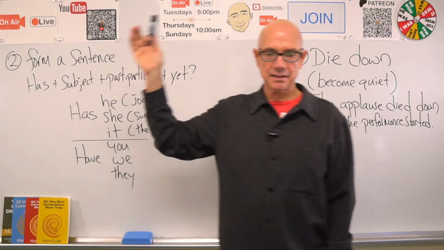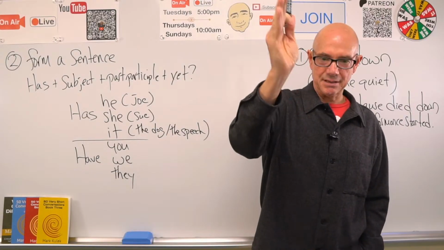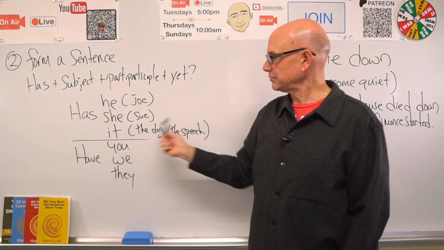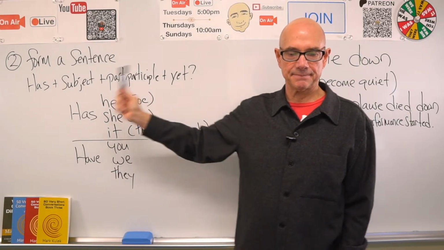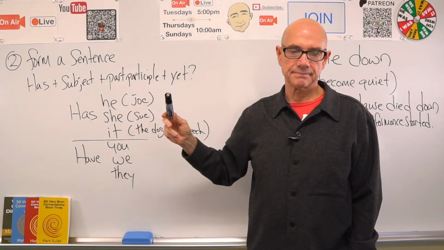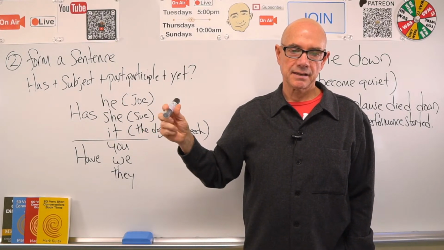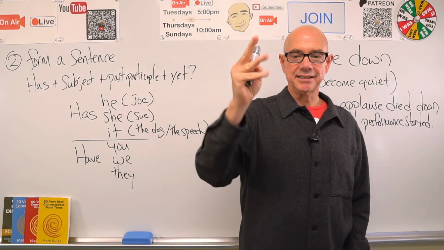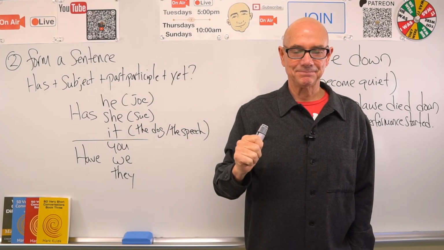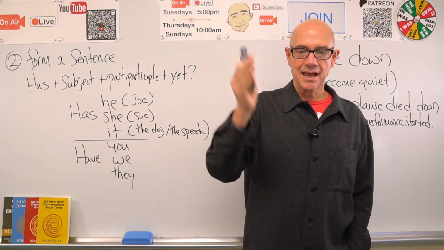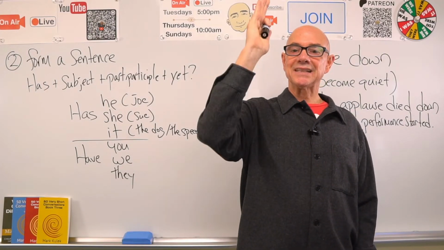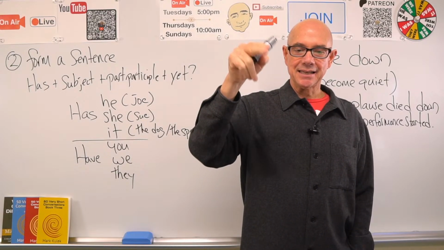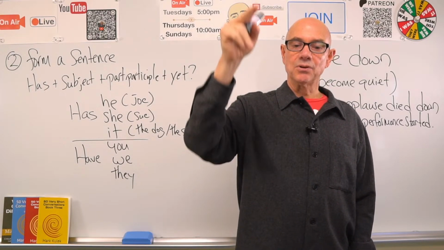That's good. Iman, that was fine. Have you? But let's do this today. Okay, Irana, has she studied today yet? Good. Has he gotten his driver's license yet? Katie, has he received the award yet?